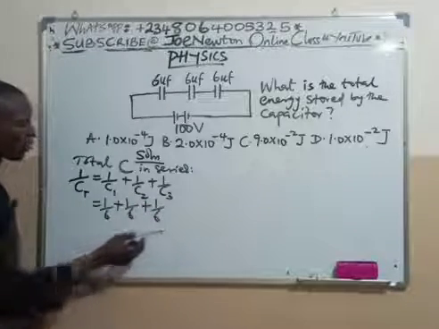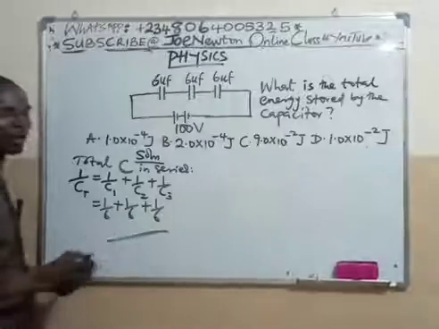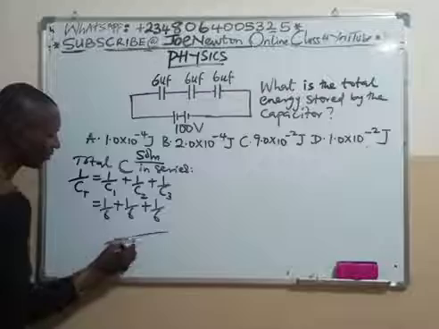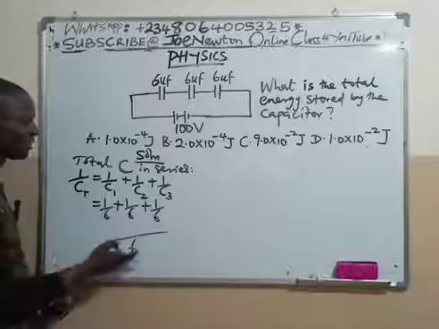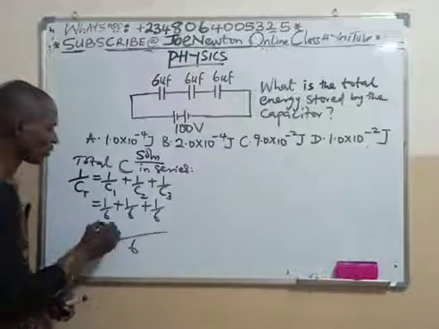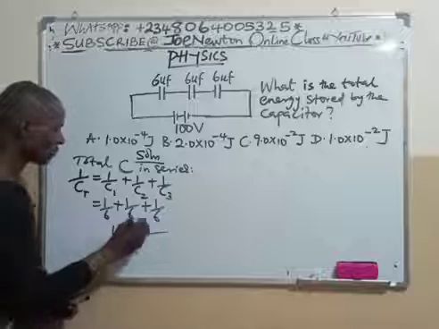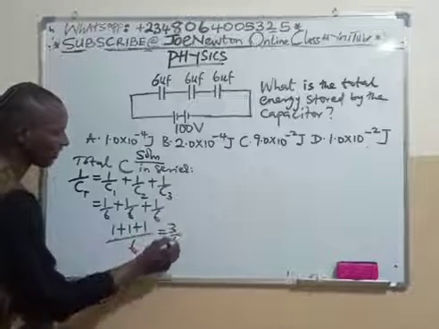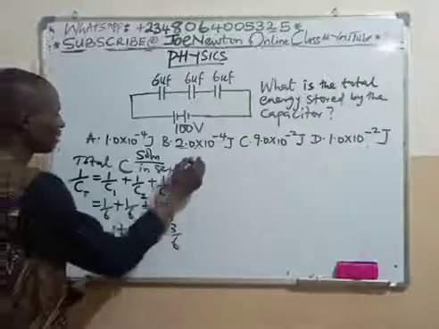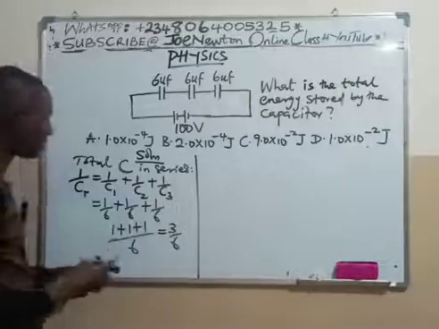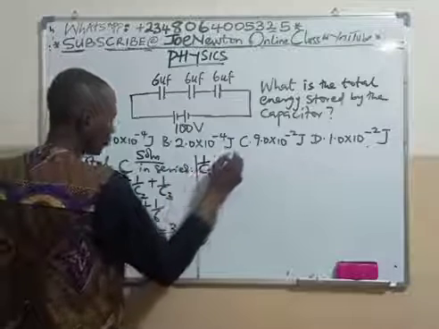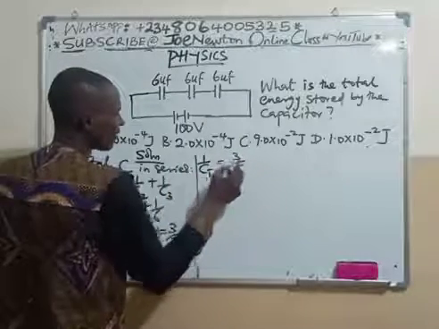When we have the same denominator across, the LCM is 6. So 6 divided by 6 is 1, 1 times 1 is 1. So we have 1 plus 1 plus 1, giving us 3 over 6. So our 1 over C total is equal to 3 over 6.